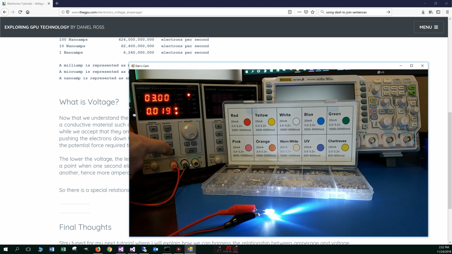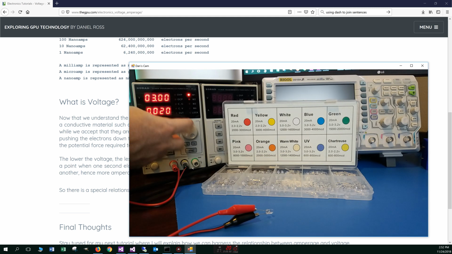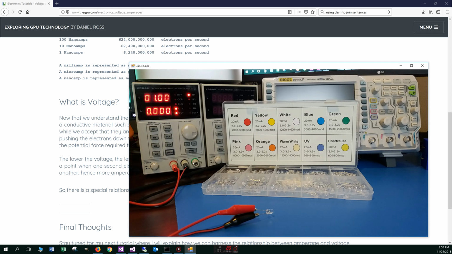So I'm going to just press the off here, and I'm going to leave the amperage as a maximum of 0.20, but I can adjust the voltage up here by clicking this little button. And I'm going to dial that down to 1 volt, and then I'm going to turn it on. Okay, so nothing's happening. This isn't lit up.